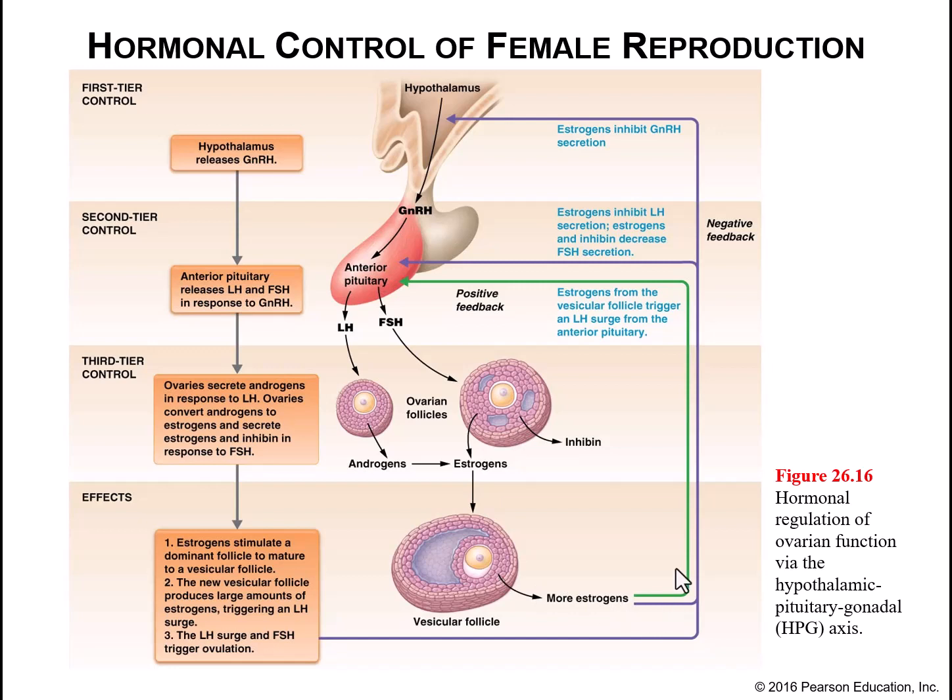These large amounts of estrogens feed back to the anterior pituitary and trigger an LH surge, and it is that LH surge that causes ovulation. Then once the estrogens get to extremely high levels, they can go back and inhibit GnRH secretion. Inhibin also helps to decrease FSH secretion.